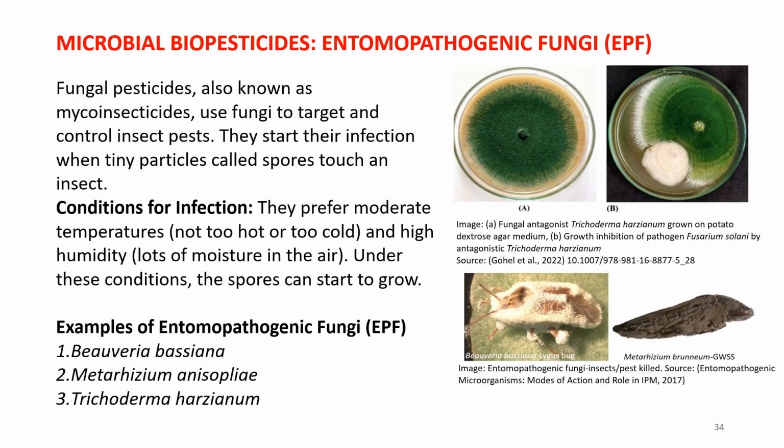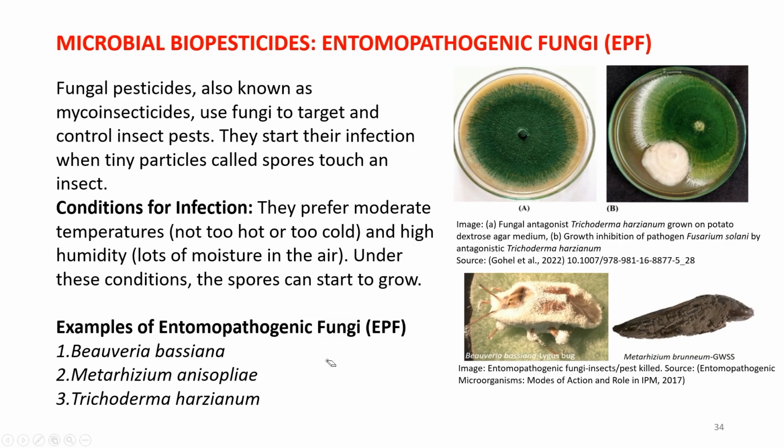Then we have entomopathogenic fungi which are used as biopesticides. These are known as fungal pesticides or micro-insecticides, which use fungi to target and control insect pests. They start their infection when tiny particles called spores touch an insect.